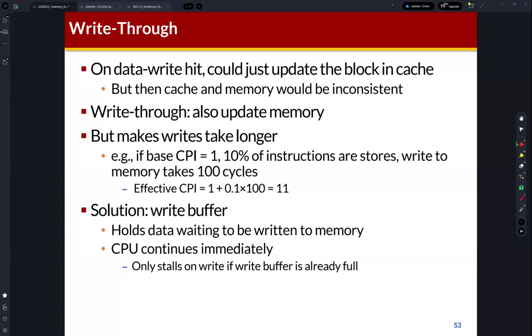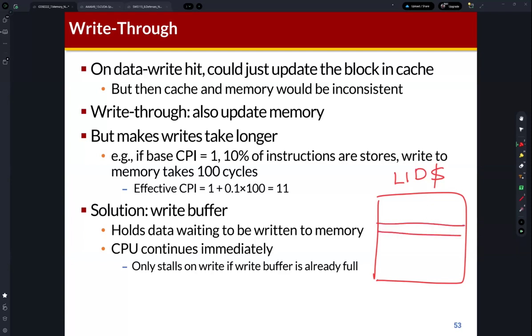The data in memory is updated. Then how about the data in the level 1 data cache? When the store instruction is executed, it will update the data in the cache, right?